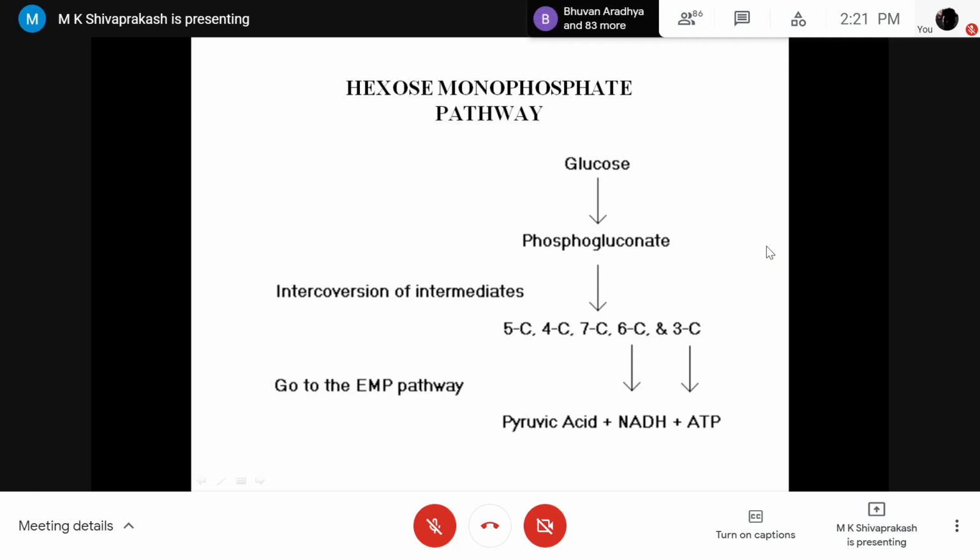So when they grow on pentose sugars, by using this pathway these organisms produce 6 carbon sugars as a source of energy. So that's the thing, and the net production is of course pyruvic acid, NADH and ATP.